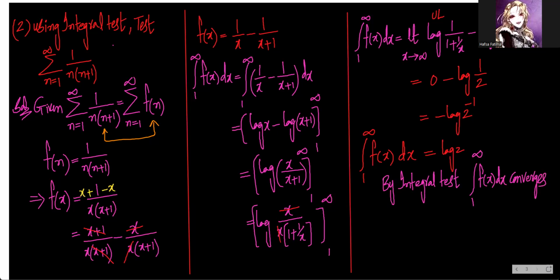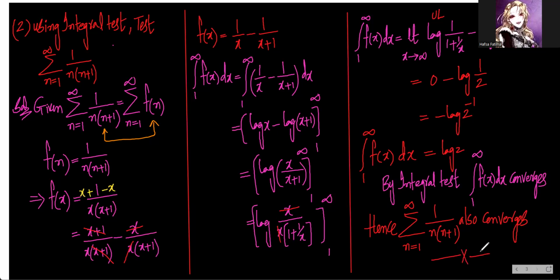And final answer is hence summation n equals 1 to infinity 1 by n into n plus 1 also converges. Why? Because their behaviors are same. अब यहाँ पर लिखना है तो लिख सकते हैं by integral test improper integral and the summation behavior is same बोल के लिख सकते हैं. No problem अगर आप नहीं भी लिखते तो.